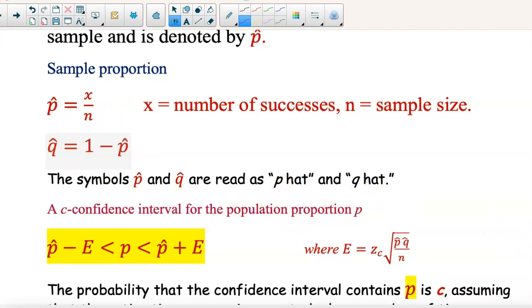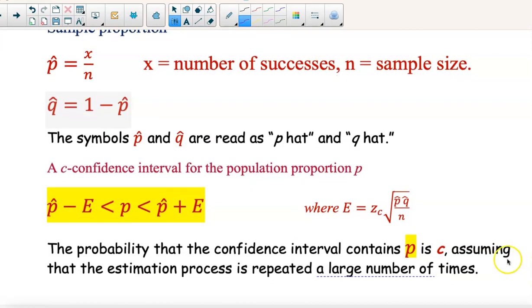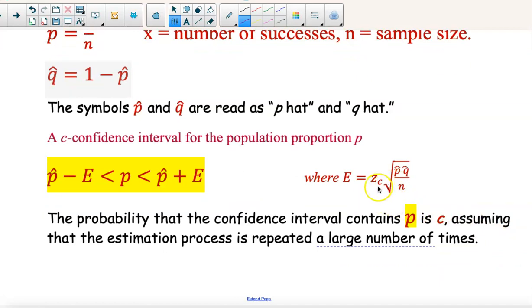The formula that you have here to find the population proportion is: p lies between the left and right limit. On the left side we have p hat minus E, and on the right side p hat plus E. And what is this E? This E is the margin of error, which is obtained by Zc, the critical score for the given confidence level. We will look at it in a minute.